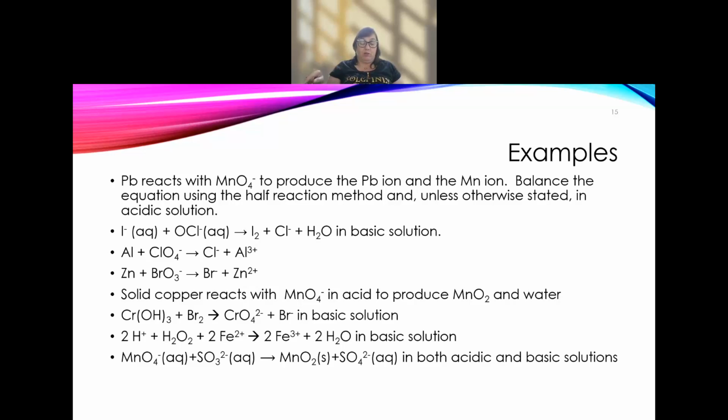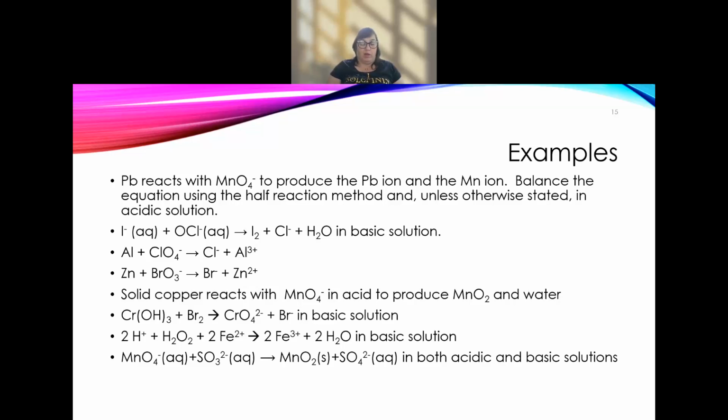On our MnO4- going to MnO2, I'm deficient of oxygen, so I have MnO4- goes to MnO2 + 2H2O. On the sulfur, I have SO3 2- + H2O going to SO4 2-. So that way I have 4 oxygens on both sides.